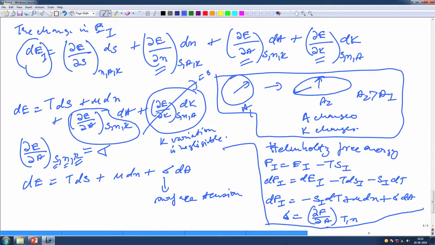So, this particular thing proves that this is an alternative definition of surface tension. This is one definition that we saw earlier, and this is the other definition.